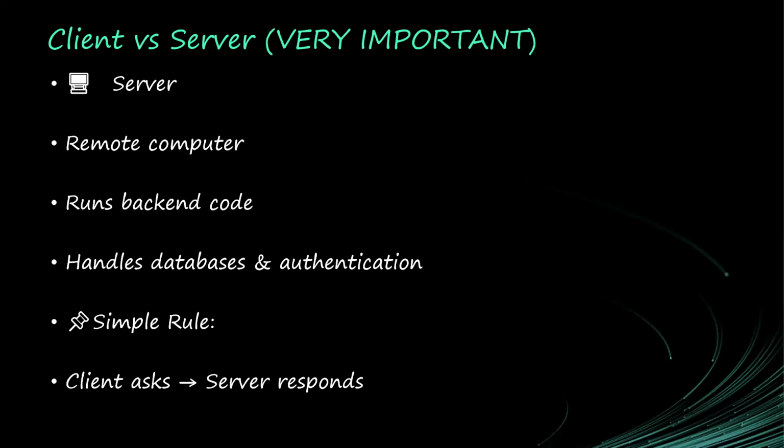HTTP is the standard messenger. The waiter will communicate between you and the kitchen. The waiter will take your order to the kitchen. The kitchen is the server, that's the back end. They will process your order, and the waiter will take it back to you. Do you understand?